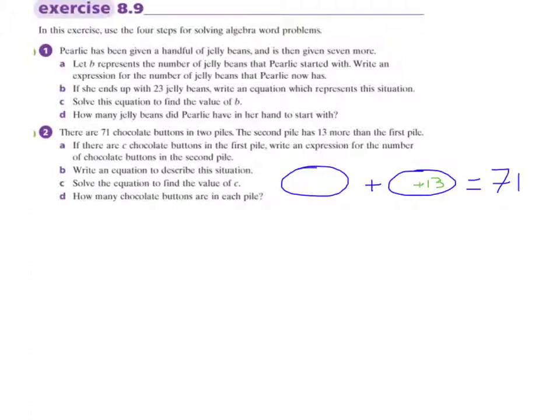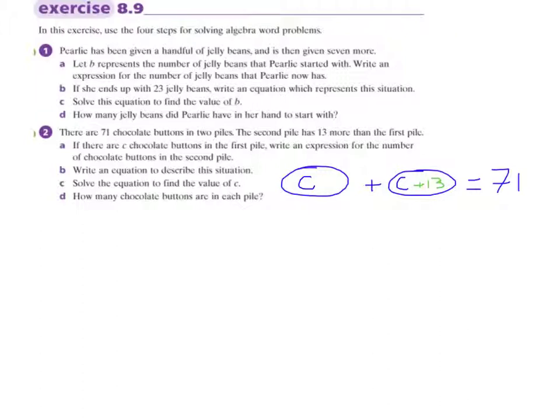So now let's look at here. There are 71 chocolate buttons in 2 piles. There's my 2 piles, there's my 71. The second pile has 13 more than the first pile, so I'm going to put plus 13. If there are C chocolate buttons in the first pile, write an expression for the number of chocolate buttons in the second. So I know there's C in this pile, so C plus 13.